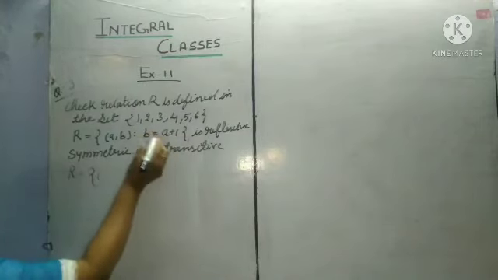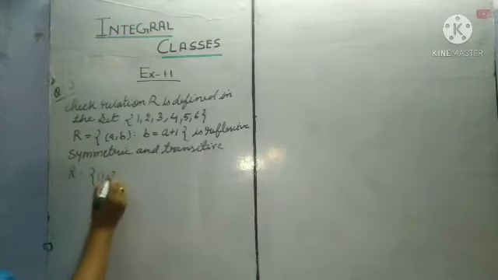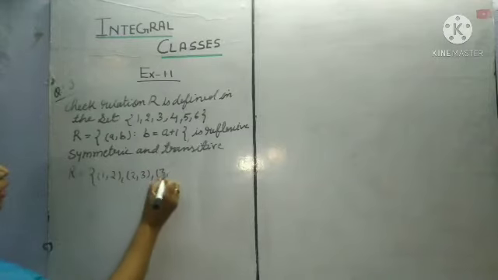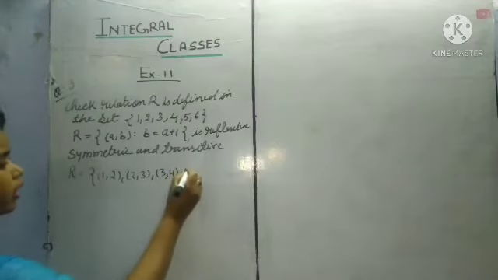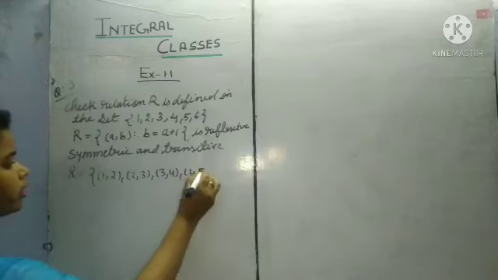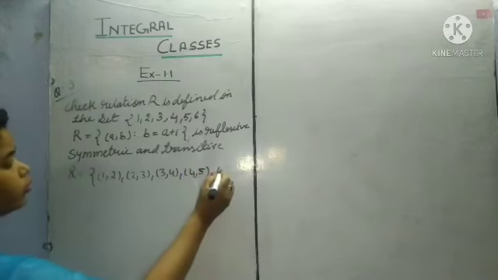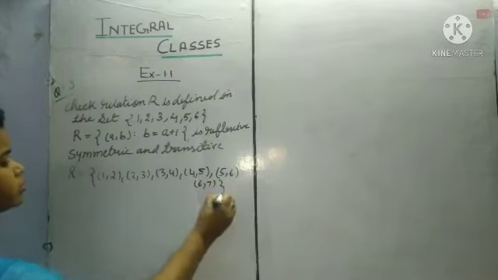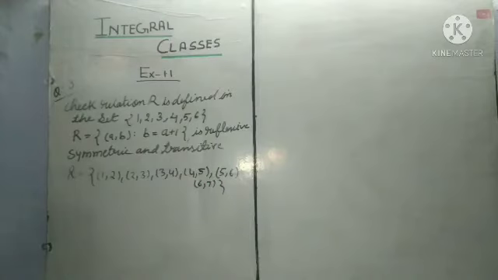If we put a equal to 1, then b equal to 2; a equal to 2, b equal to 3; a equal to 3, b equal to 4; a equal to 4, b equal to 5; a equal to 5, b equal to 6. This relation we will get which follows the given condition.